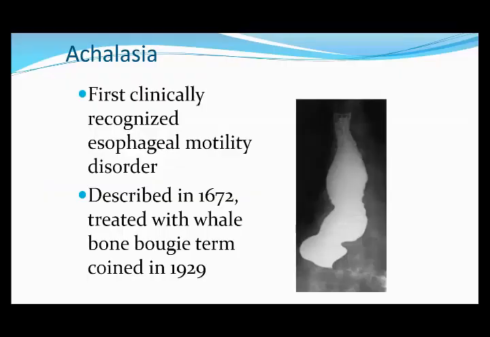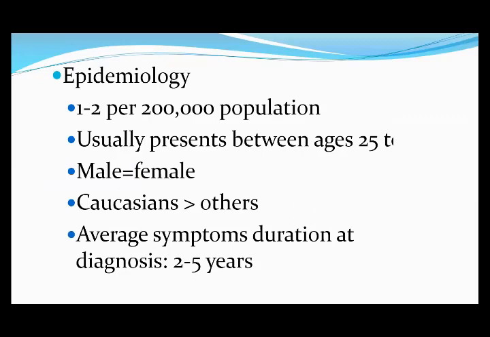The main disease which comes in esophageal disorders is achalasia, commonly known as achalasia cardia. This was the first clinically recognized esophageal motility disorder, described in 1672. Whalebone bougie was used in 1929. Now, the epidemiology of this disease: 1 to 2 per 100,000 population.